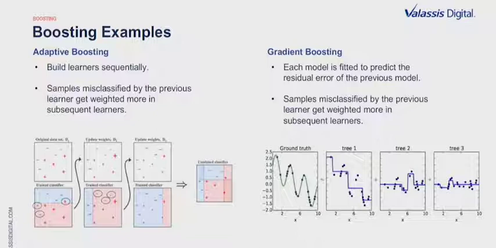Instead of having each individual base learner predict the final outcome or the labels, each model is actually fitted to predict the residual error of the previous model. And we also assign more weight to samples that were misclassified in the previous iteration. This is very similar to, or can be thought of as, performing gradient descent on the error function, hence the name gradient boosting.